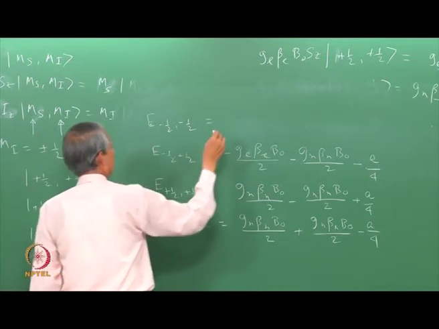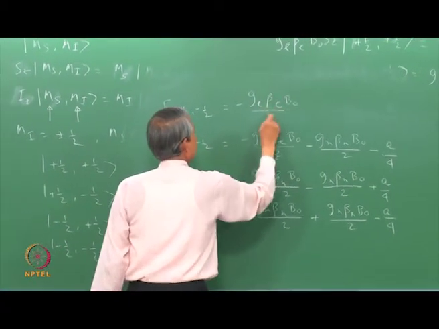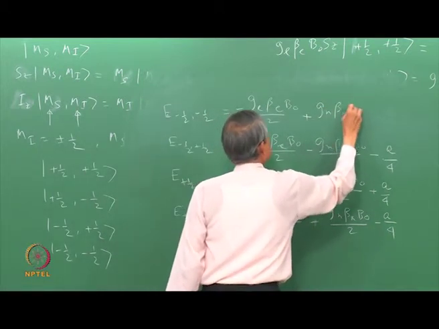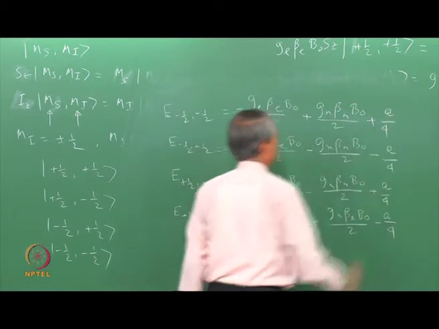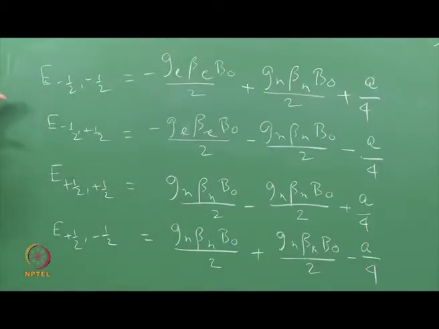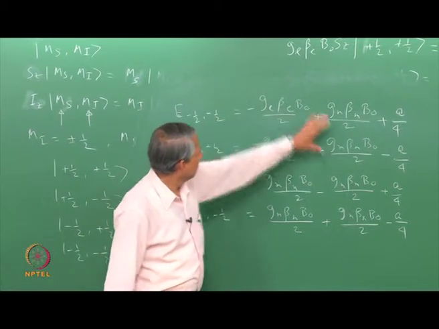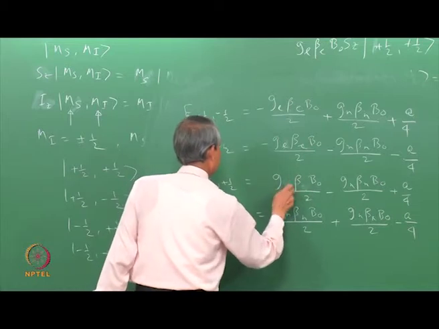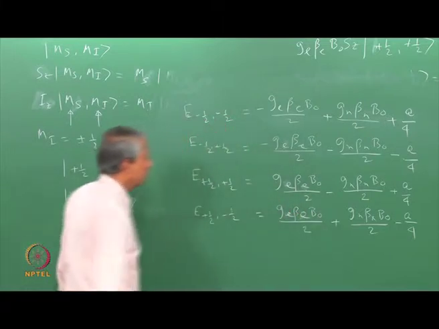This is E minus half, this gives minus gn beta n B0 by 2 plus A by 4. So, these 4 different wave functions give rise to 4 different energies, and how are they arranged? They are arranged according to, of course, the various values of this. Here there is a mistake. So, this mistake is corrected.